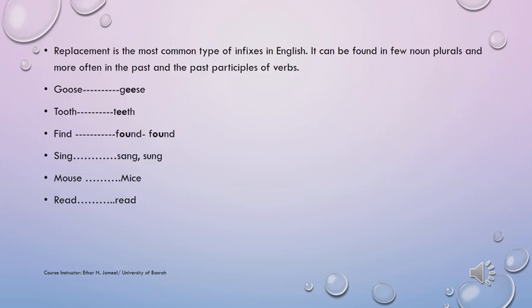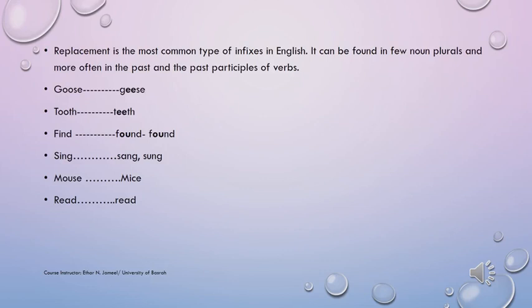Mouse, mice. So we have mouse, ow, that is changed into mice, I, from ow into I. Look, we have even some spelling change, but what is important is the pronunciation. Mouse, mice. The only change is in the sound.